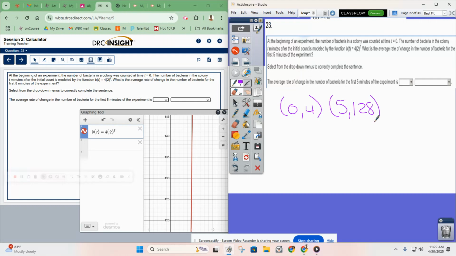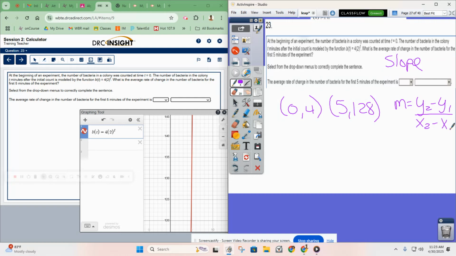Rate of change is talking about the slope. Your slope formula is y2 minus y1 over x2 minus x1. We also say that it's the change in y over the change in x. Y'all use those key phrases, rise over run.